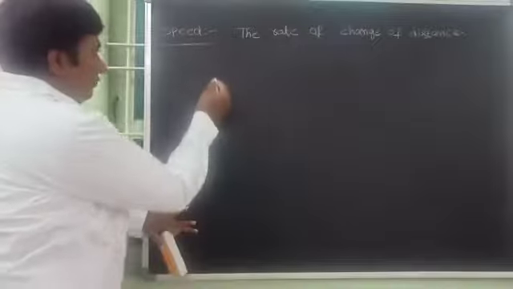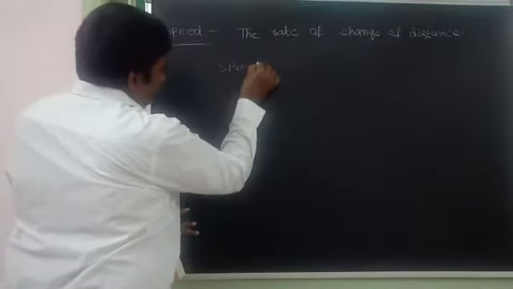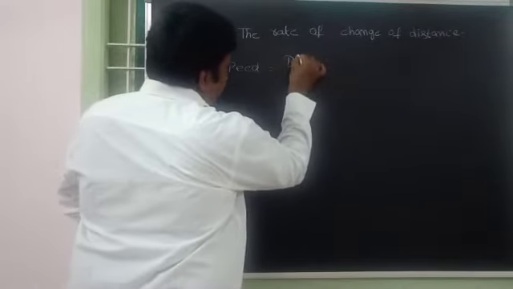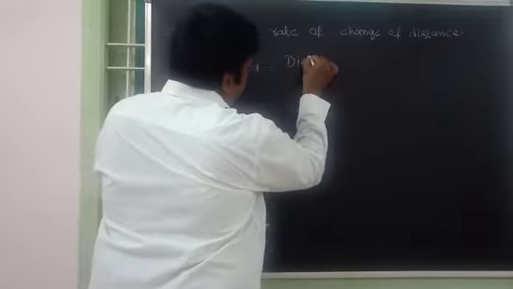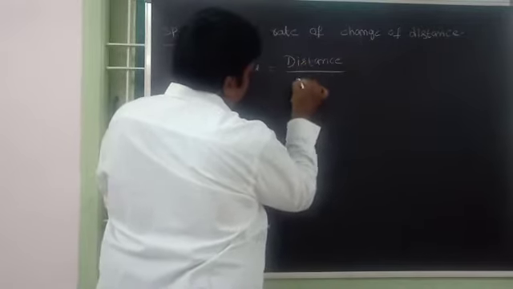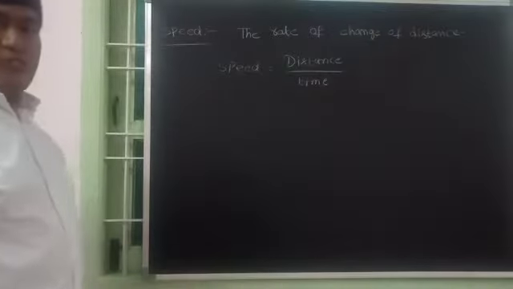In general, we can write speed is equal to distance by time. So this is a simple definition.